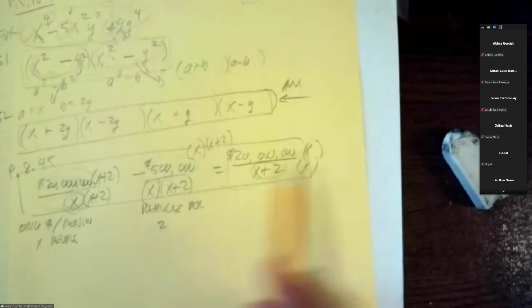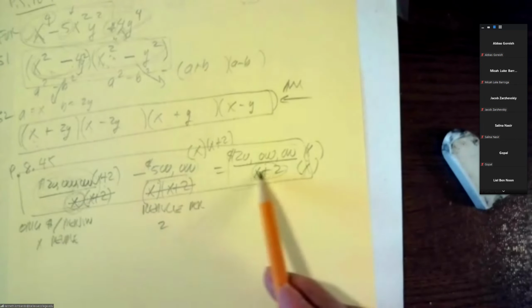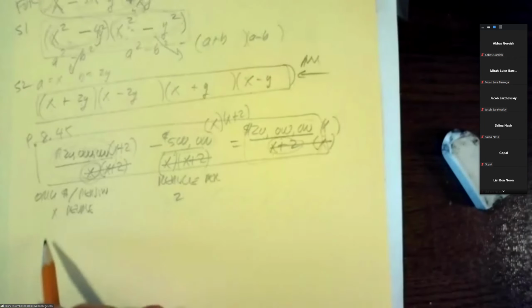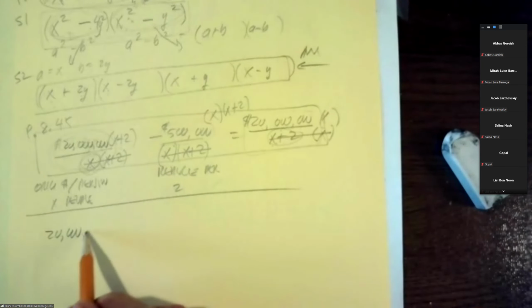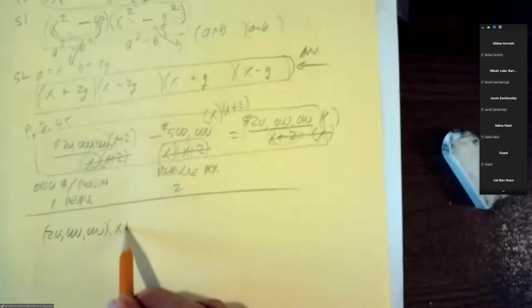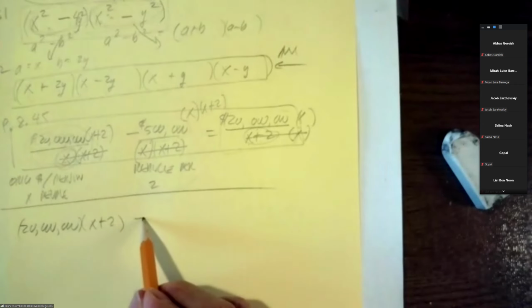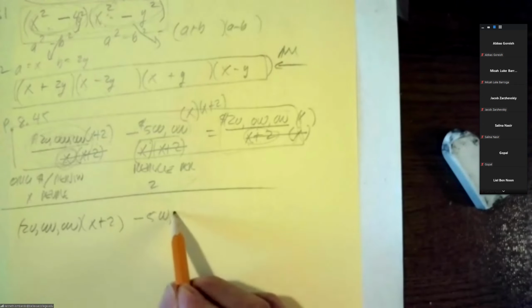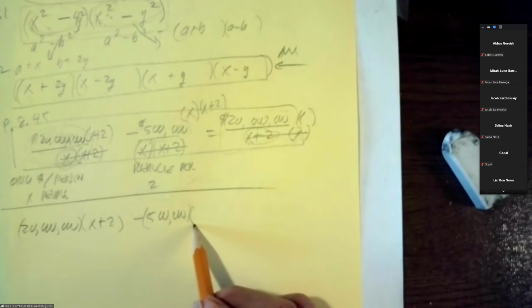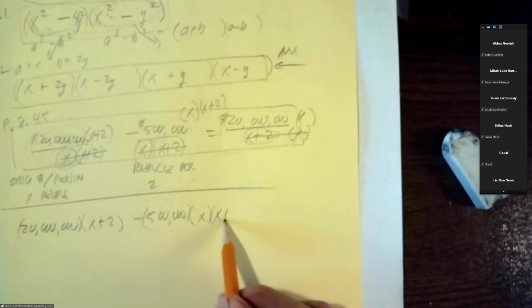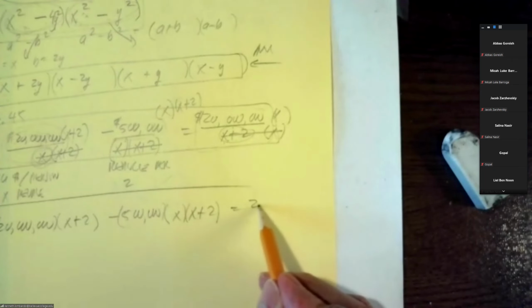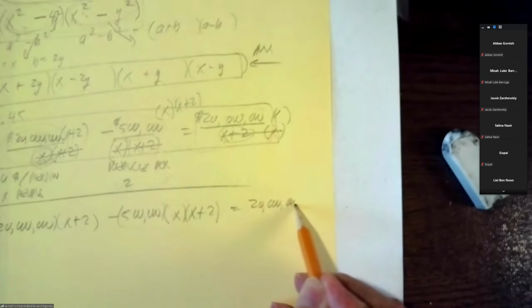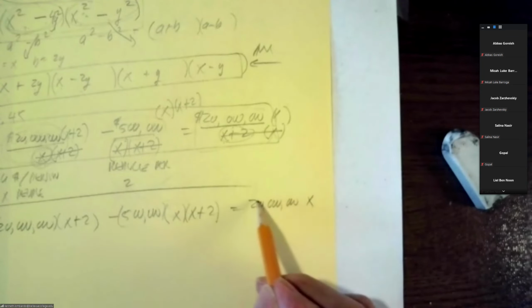We multiply through by the common denominator, and that will get rid of those. So what should remain is 20 million times x plus 2 minus 500,000 times x plus 2. And that should equal 20 million times x.